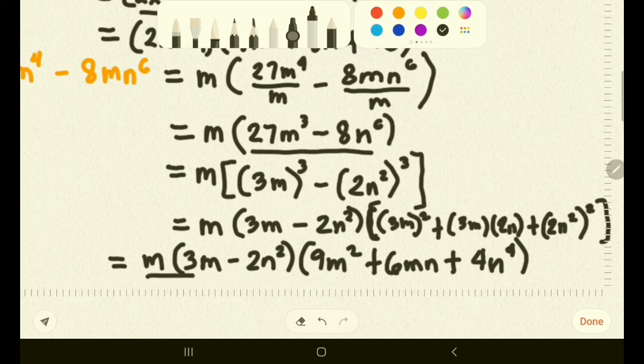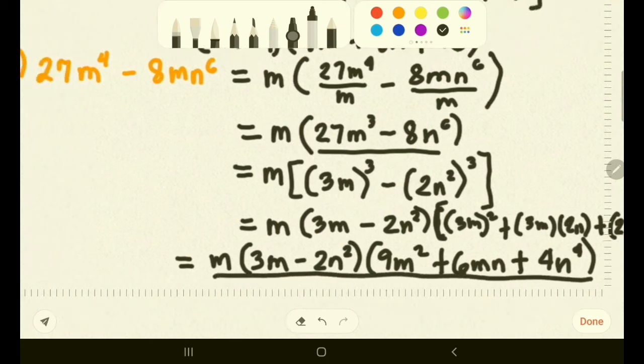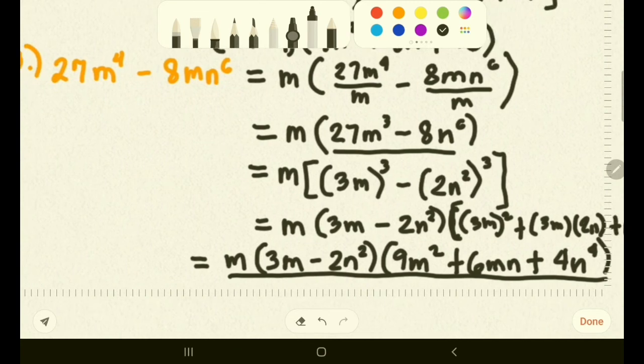So they are the factors of the difference of 27m to the power of 4 minus 8mn to the power of 6.